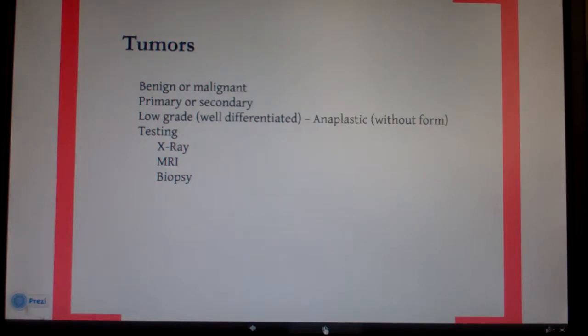On the other hand, cancer refers to a malignant type of tumor, and they grow rapidly, and they're not encapsulated. They commonly invade neighboring tissues, or they metastasize, meaning spread to distant sites.